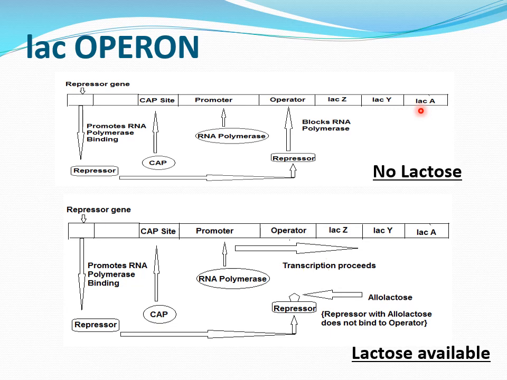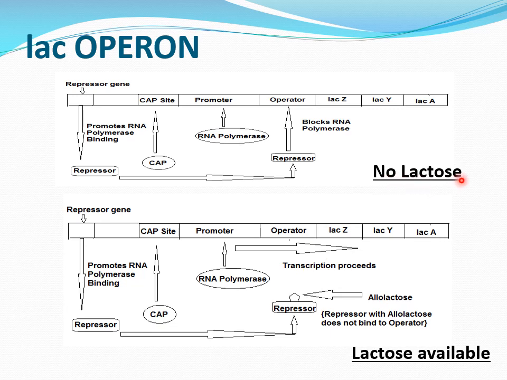Now, if we talk about the Lac Operon in particular, we have said that by default this remains off because it has to be activated only when lactose is available, which is to be broken down.